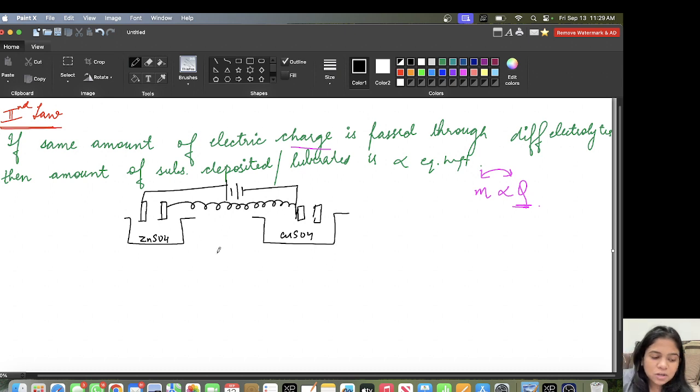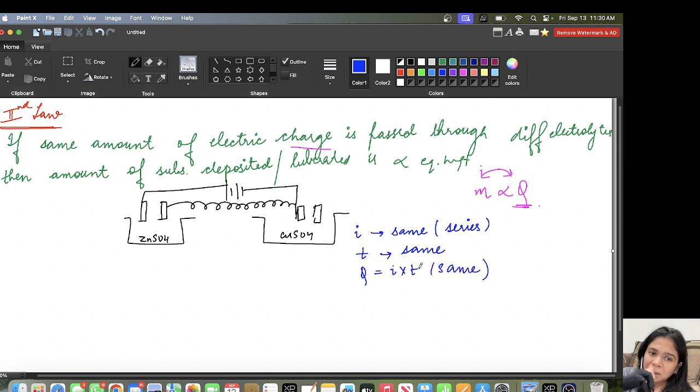So I is the same because it is connected in series. Your time will be the same. So Q is definitely the same. I into T is the same, then Q will definitely be the same.